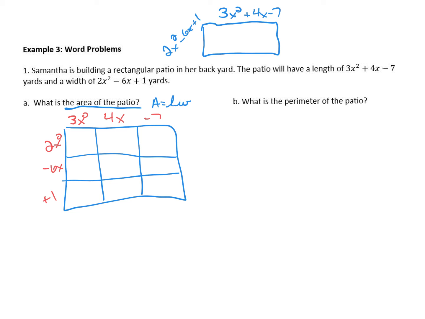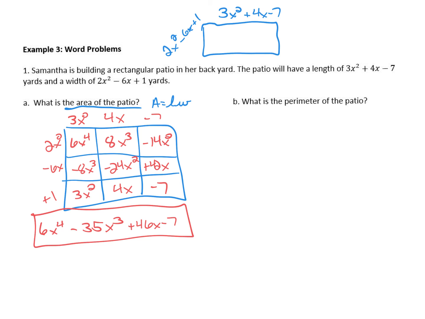All right, so finish that up. And in the end, it looks like we should come up with 6x to the fourth minus 35x squared. That should be, because 8 minus 8 should be a 0. And we have 46x minus 7.